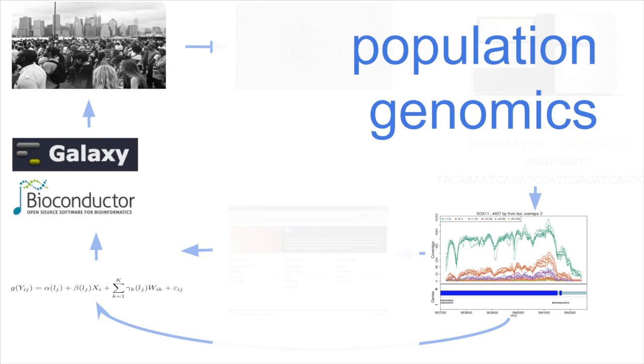Or why do some people have certain traits in their population? So population genomics refers to looking at, rather than one person at a time or small groups, whole populations and studying their genomes to see how they differ and how those differences lead to recognizable differences in the people in those populations.